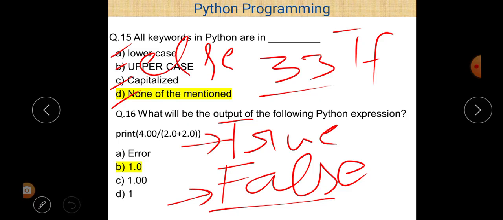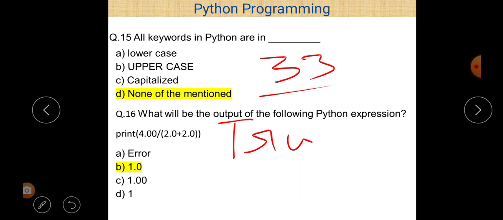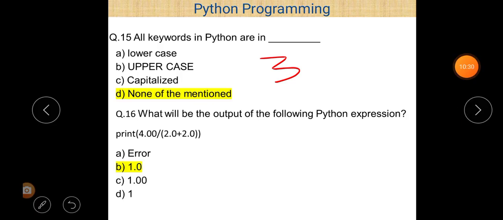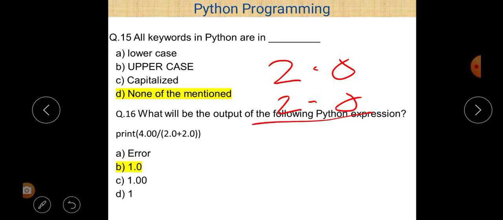Now, question number 16. What will be the output of the following Python expression? print 4.00 divided by, within the bracket, 2.0 plus 2.0. According to the rule, we have to solve the parentheses first. So 2.0 added to 2.0 is equal to 4.0.